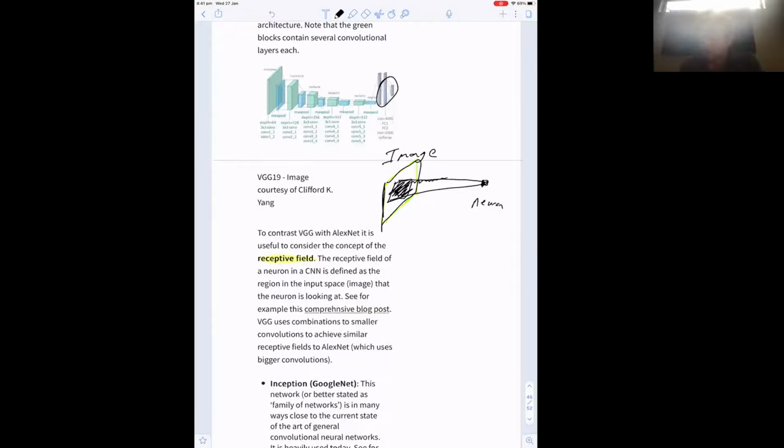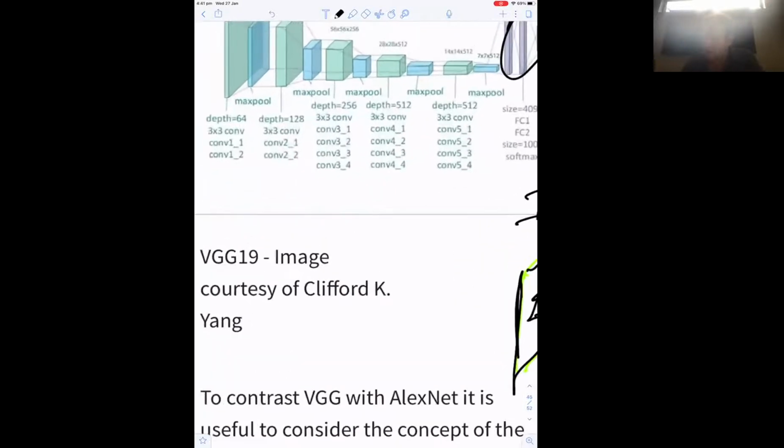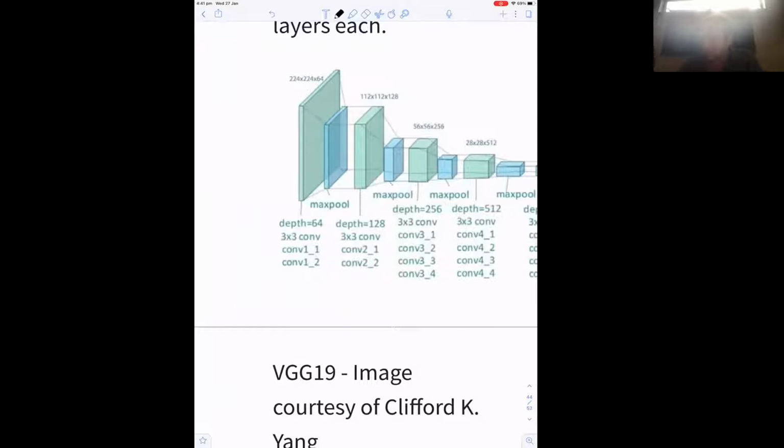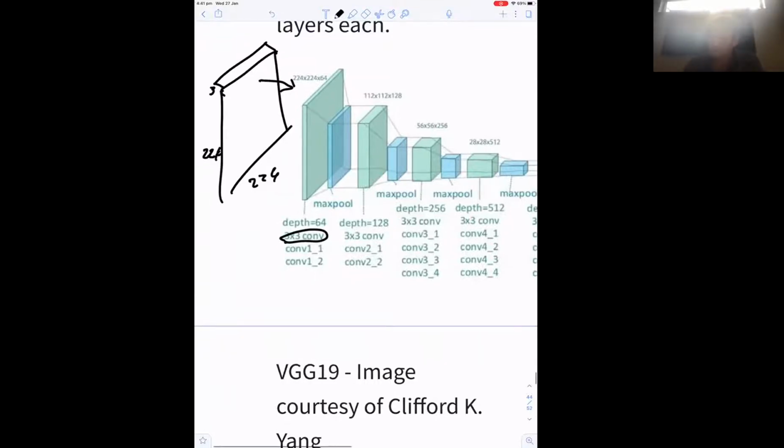But when you're here, the original image would be 224 by 224 by 3, and then it goes into this, 224 by 224 by 64. So it did a 3 by 3 convolution, right? So for this neuron, all you're covering is an area of 3 by 3.